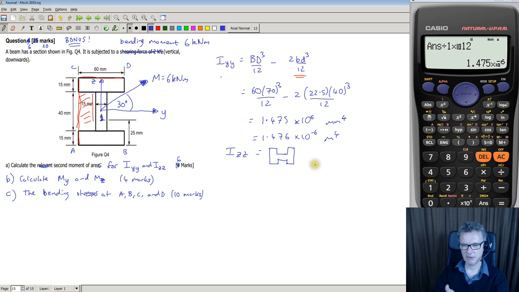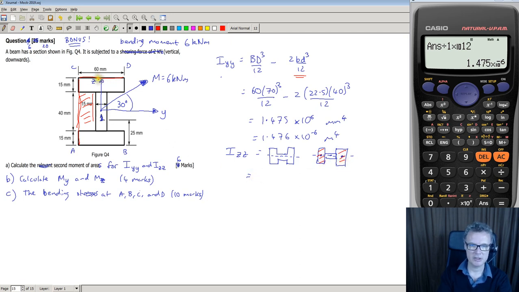It's actually the classic split them up into sections method, because if it's symmetric, the sections we want to split up are one here, one here, one here. Why is that? That's the centroid, that's the centroid, that's the centroid. We don't get any parallel axis theorem. So all we have to do is add up our BD to the power 3s. And two of them are the same, the outer ones.